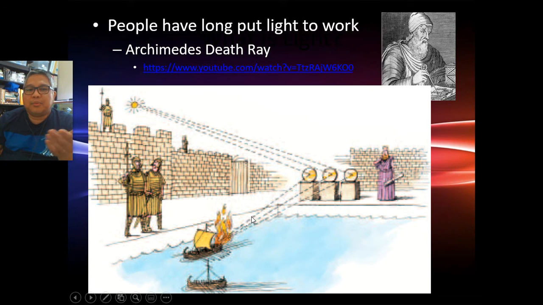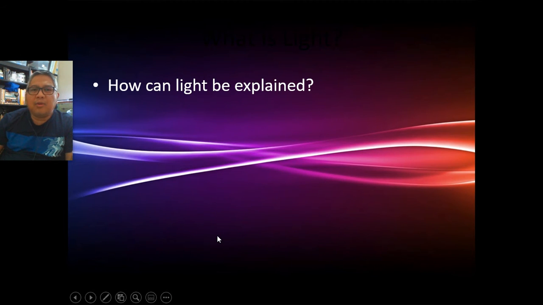So in this case, to protect themselves, they will use Archimedes' death ray. The ray will be pointed to the approaching ships, and hopefully those ships will burn.